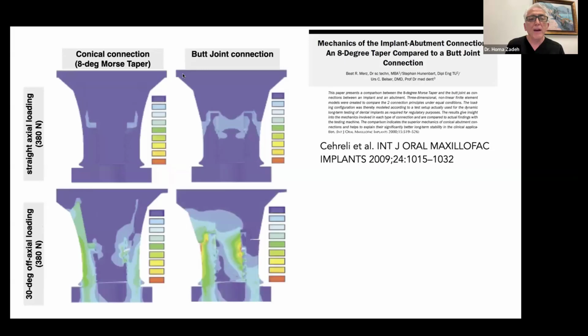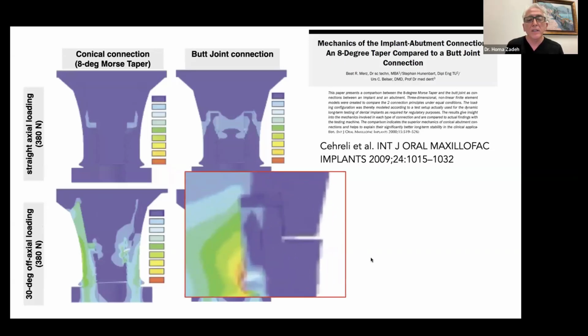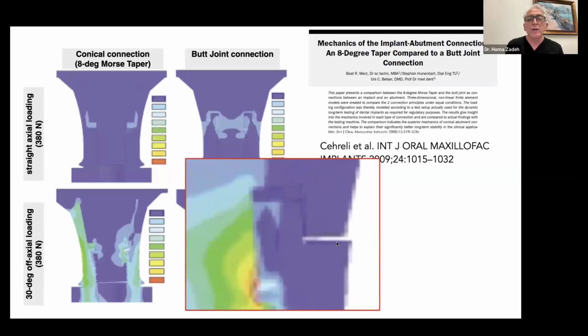But when you have a butt joint connection, you see the opening. This is finite element analysis, a mathematical engineering kind of illustration, and you see excess load building up at the junction. So this has also been demonstrated by a mathematical model of finite element analysis.